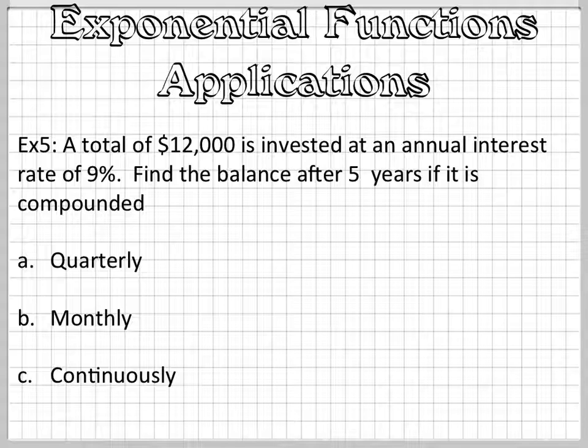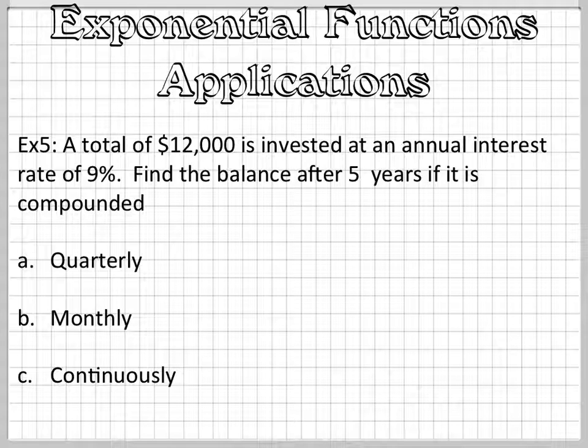Now, quarterly, if you were to take a guess, there's 4 quarters in a dollar, so that means it's going to be compounded 4 times a year for the 5 years.